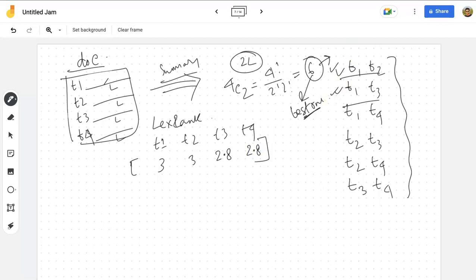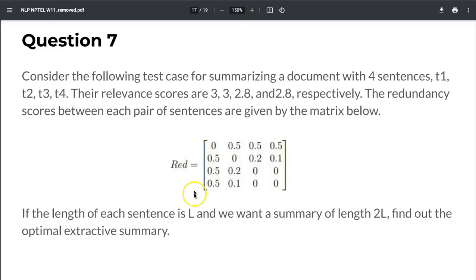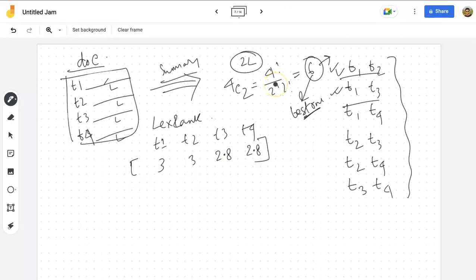Now what else is given? The redundancy. What does this redundancy matrix show, and why do we need it? From the informativeness alone, T1 is very informative, it has score 3, and T2 also has score 3. Let's take T1 and T2. Together they give me a score of 6, because 3 plus 3 is 6.